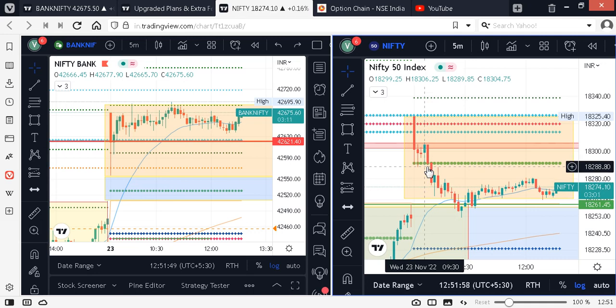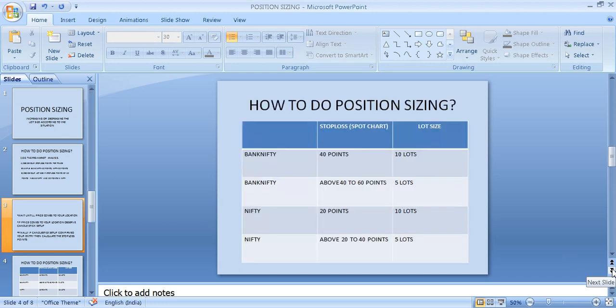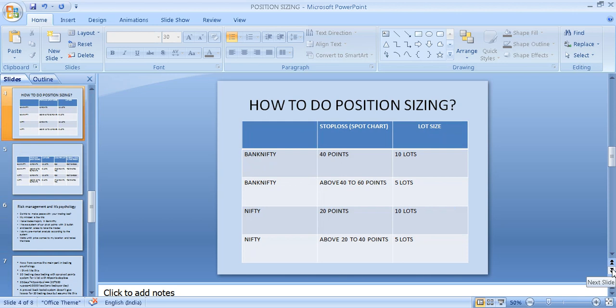Okay, and what is the next point here? I have calculated the stop loss, and sometimes the stop loss triggers, sometimes your target triggers. The point here is position sizing again.